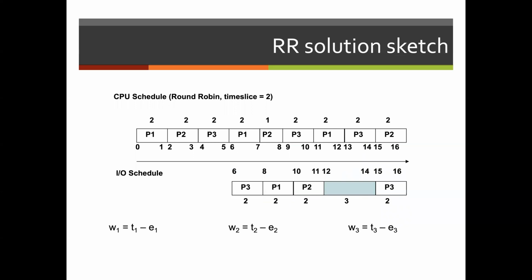Let's illustrate the solution that would be needed for a round robin approach for each of the processes. In this case, we have P1, P2, and P3 with regards to CPU and IO schedules. And using a round robin scheduler, we're going to give each process a time slice of 2.